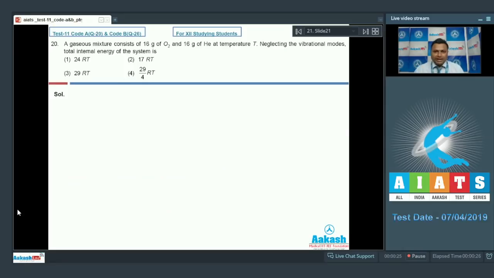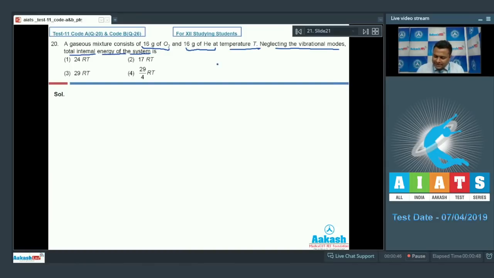So here is question number 20, everyone. A gaseous mixture consists of 16 gram of O2, diatomic, and 16 gram of helium, that is monatomic, at temperature capital T. Neglecting the vibrational modes, the total internal energy of the system will be what?